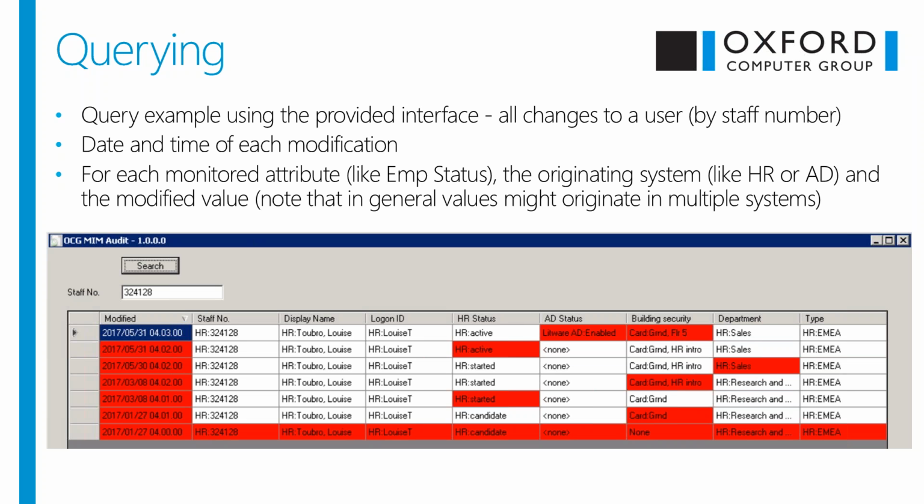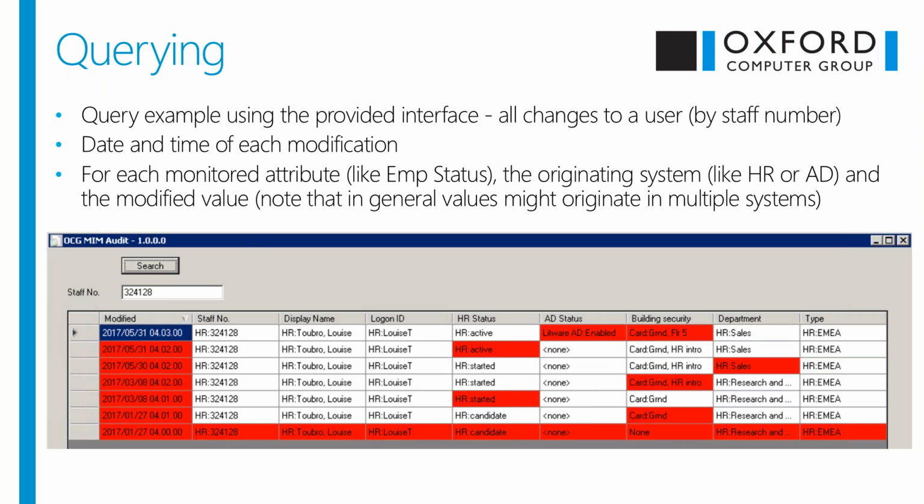Literally, it is the status flowing in from AD, by the way, but we recognize that that's a target rather than a source. In other words, we are flowing the change back in and recording that rather than saying, oh, we sent it out. But it amounts to the same thing. A change in HR is resulting in a change in AD because that's the way that this implementation of FIM or MIM has been configured.